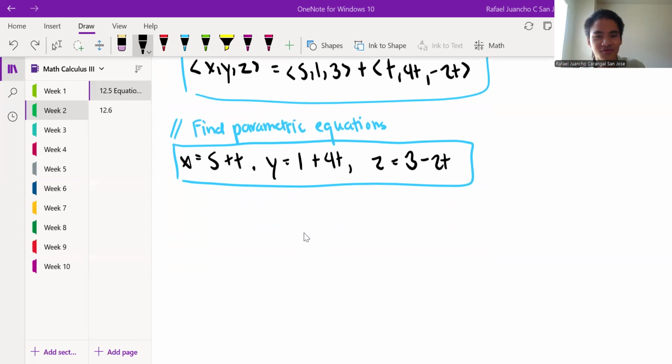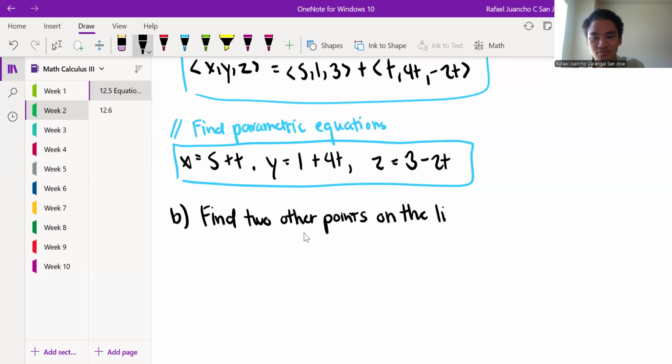Now the next thing we want to do is find two other points on the line. So honestly, here we just plug in a t, and then we get something out of it. So we just choose a value of t.